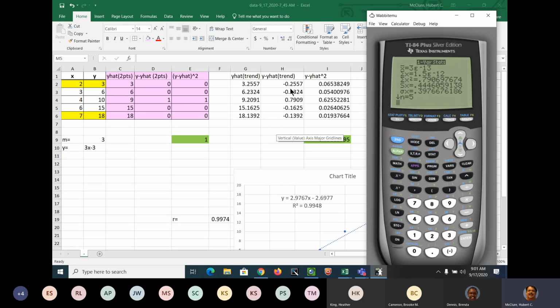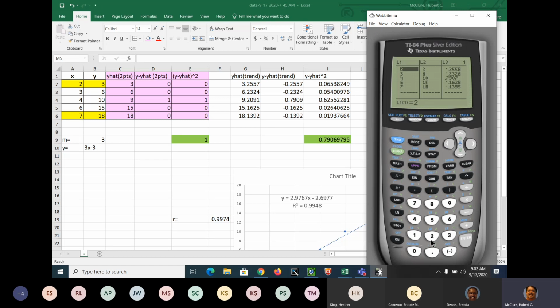Now I'm going to show you how to find this one. But you're going to have to go to Stat, go to Edit, and if you want to, go over to L4 and L5. Or you can just replace L1 and L2. Since we've already done this problem, I'm going to just replace it.